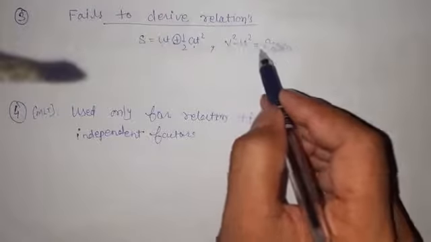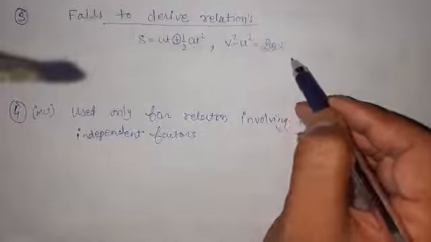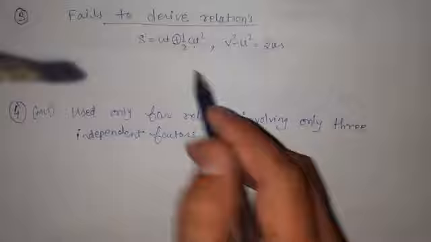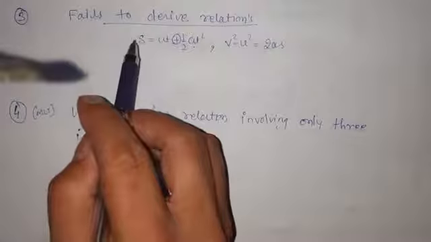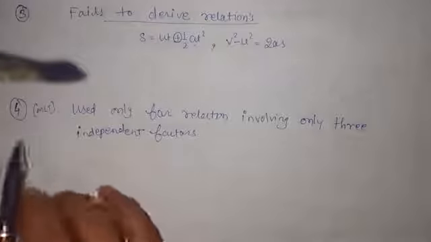Similarly, v square minus u square equals 2as. Such relations which are related to each other by plus or minus cannot be derived with the help of dimensional analysis.